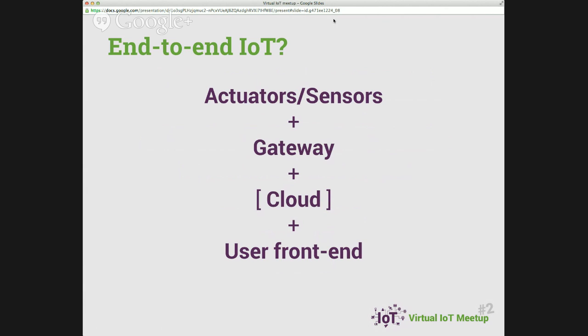So IoT, and what do I mean by an end-to-end IoT solution? Well, nothing very fancy. You will probably have on one end the real world, right? The actuators and the sensors that will sense the temperature of your house, or that will allow to open or close your door or control your car, etc. And these sensors are usually connected to the internet by means of a gateway, and we're going to see what is a gateway and what are the requirements for building an IoT gateway.